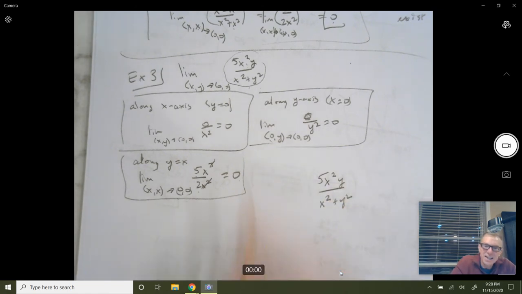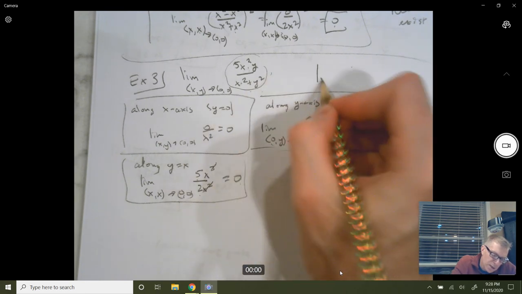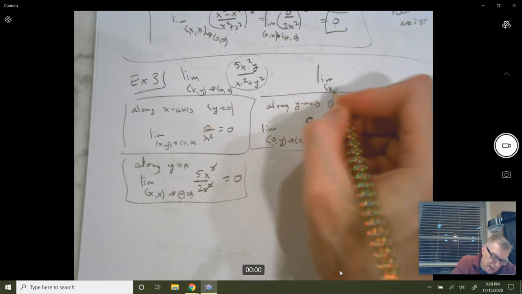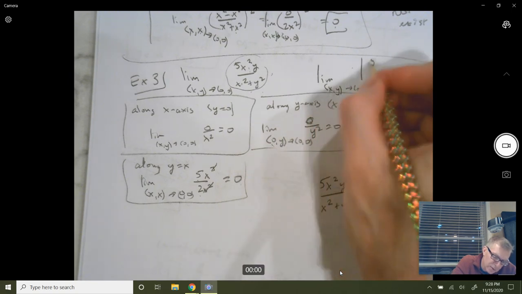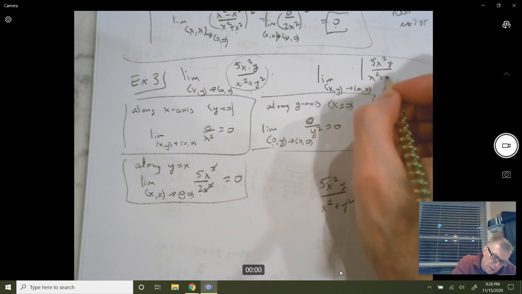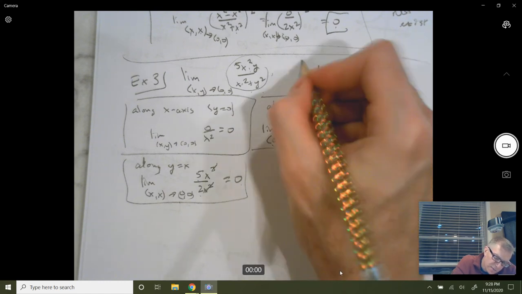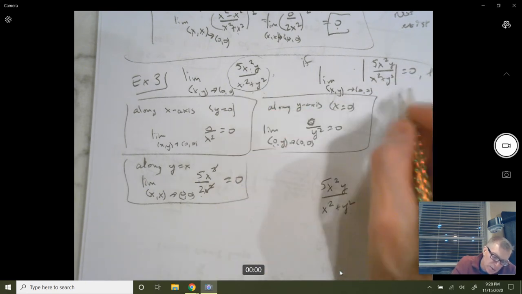Instead of proving that this limit is 0, can we agree that if we prove that the limit of the absolute value of 5x squared y over x squared plus y squared equals 0, then our original limit would also equal 0.